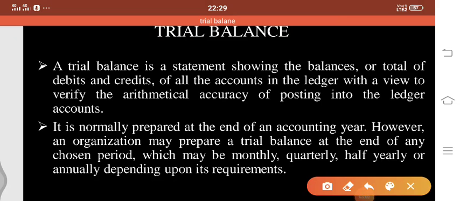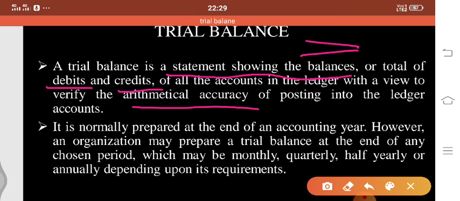So that is what the trial balance is all about: a statement showing balances of total debits and credits with arithmetical accuracy. That means generally the trial balance is prepared with all debit and credit balances, and always remember that since we have given two effects to each, it should always tally.